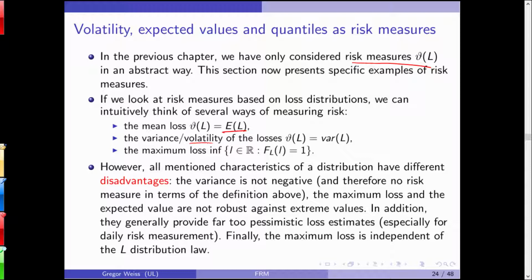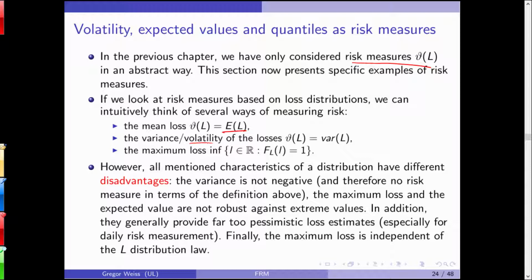But it doesn't tell you anything about how much money you should put aside. If you have a random variable that is very volatile because it's increasing so much and you only have profits, you would still get a positive volatility.